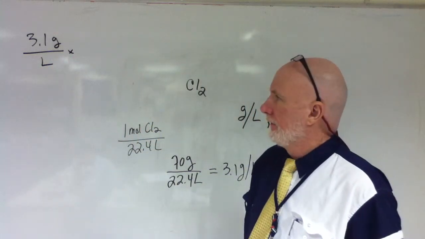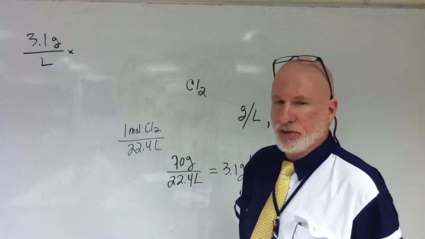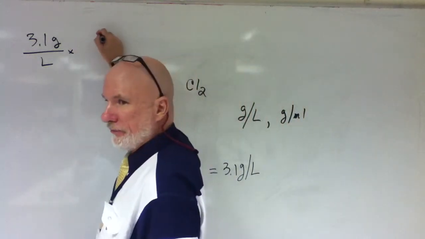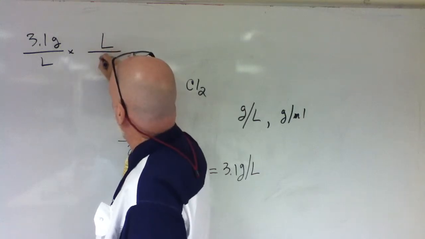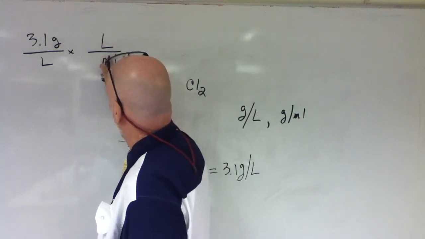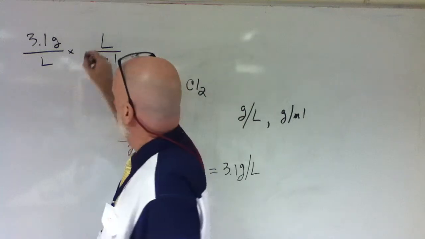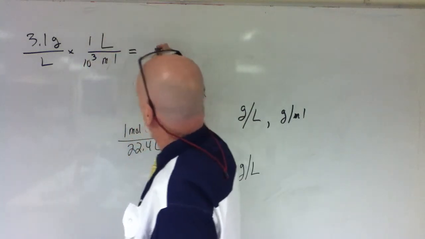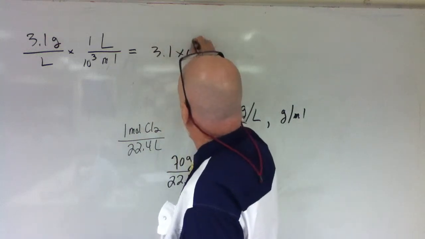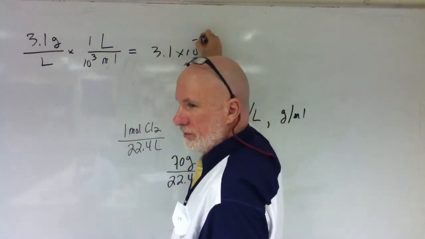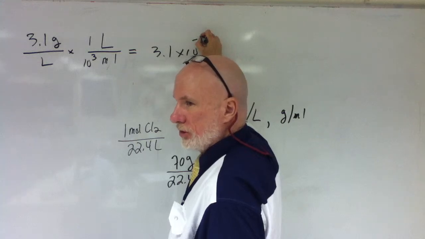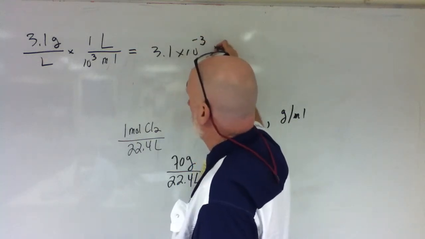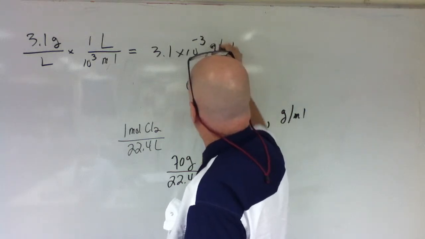I want to convert that to per milliliter. So what would I multiply by? Liter over mil, right? 1 liter is 10 to the third milliliters. So it's going to be 3.1 times 10 to the negative 3 grams per milliliter, right?